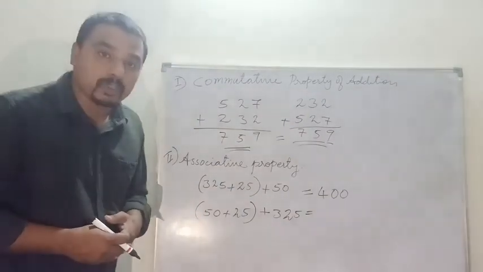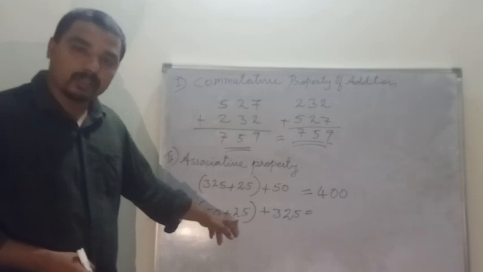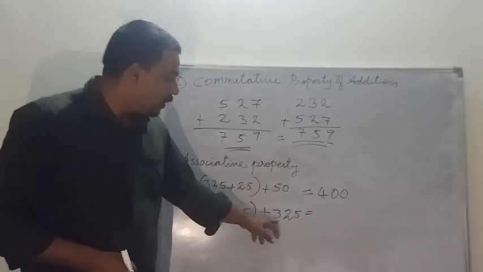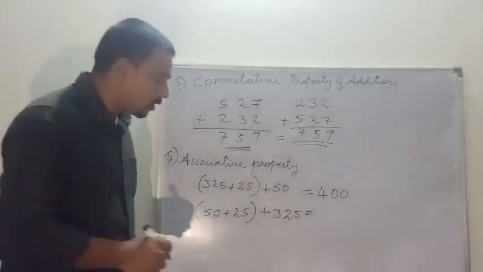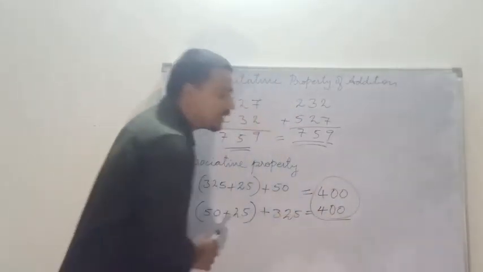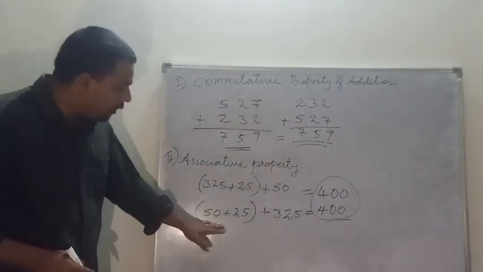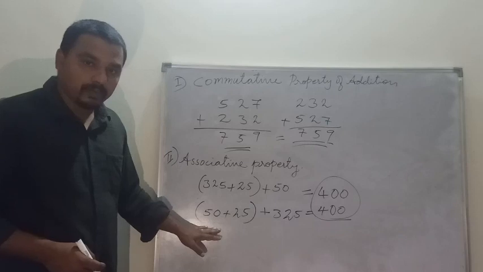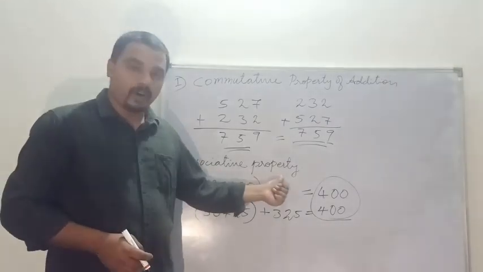Now just add and see how much you will get. 50 plus 25 is equal to how much? 75. 75 plus 325 is equal to how much? 400. Is it or not? 400. So we have got the same sum. I have made the changes here. Okay. So that is called what? The associative property of addition.